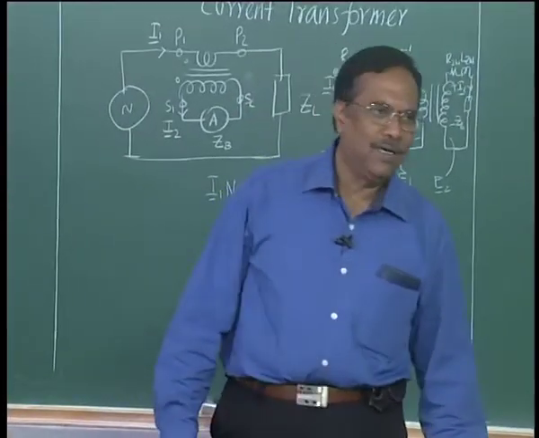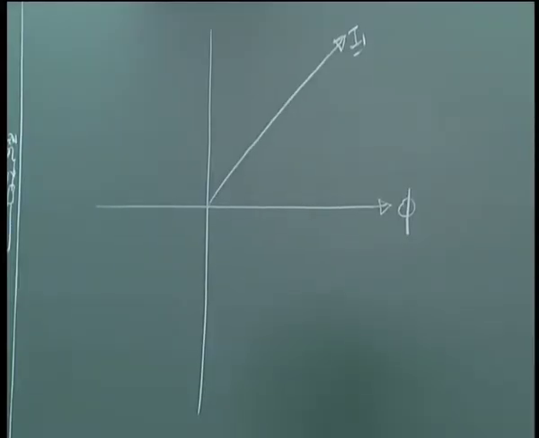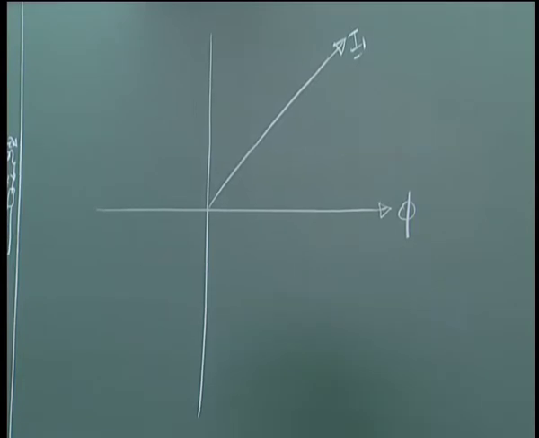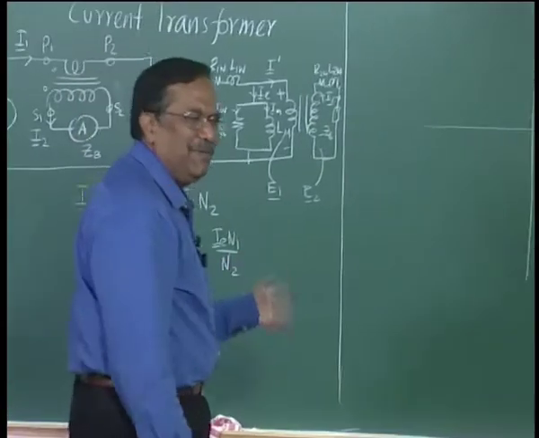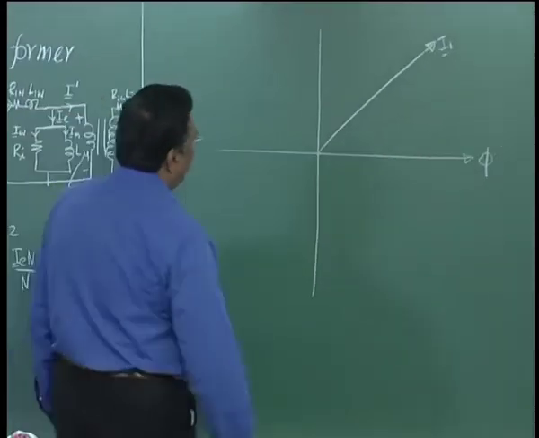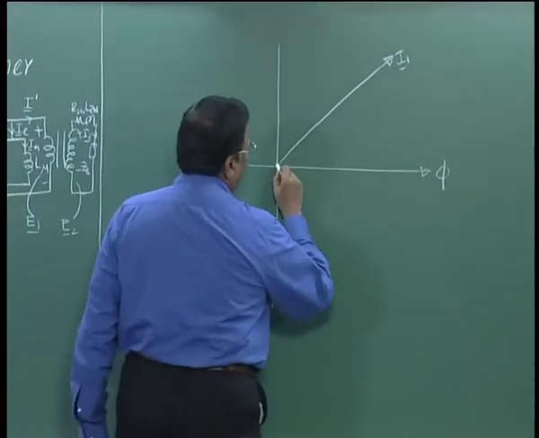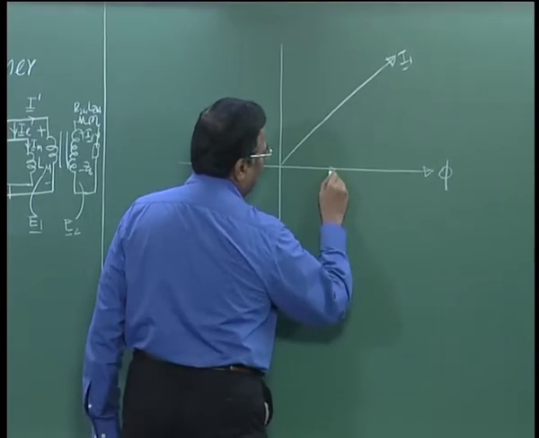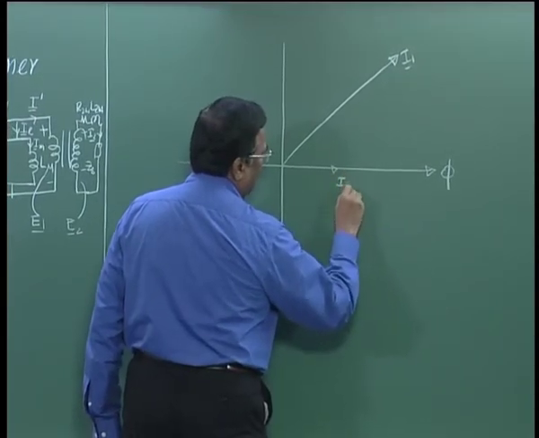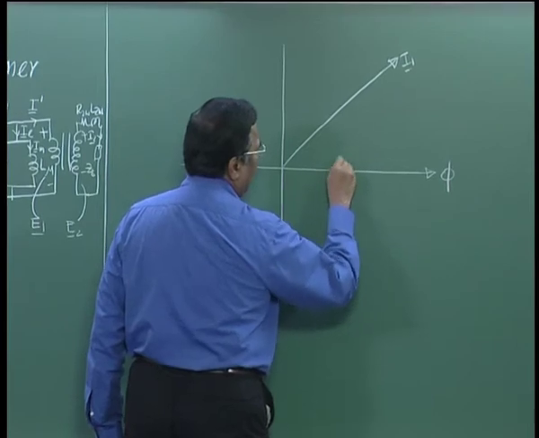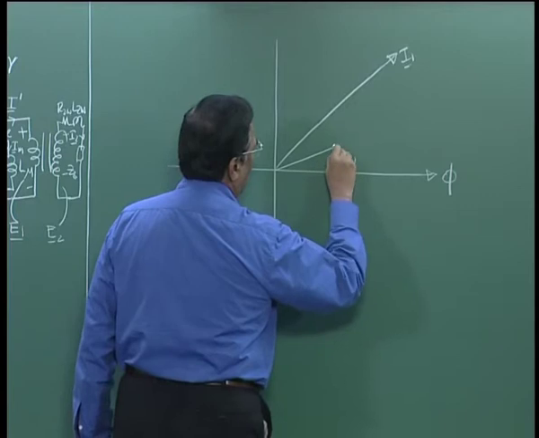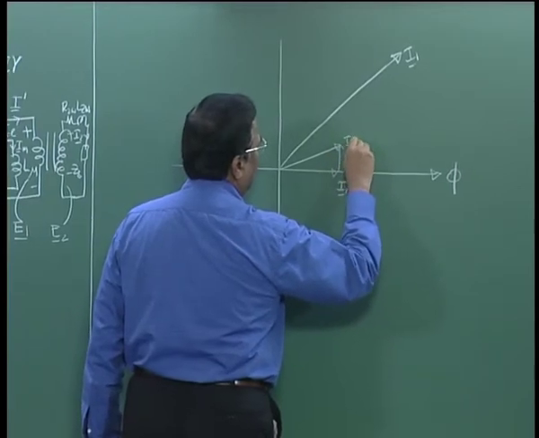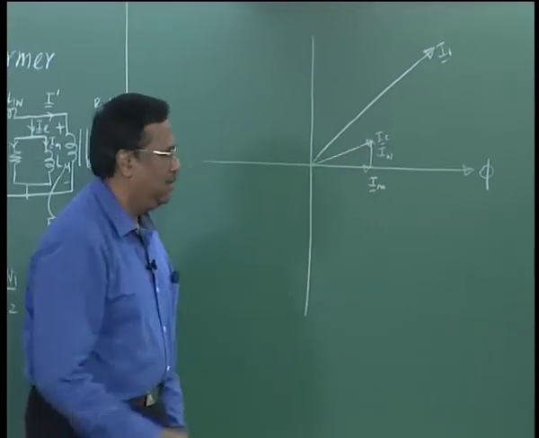I assume the core power factor angle is positive, right, will always be most of the time. Now, the excitation current is made of two components, the magnetizing component and the watt loss component. So, that is the excitation current, right, all are phasors.